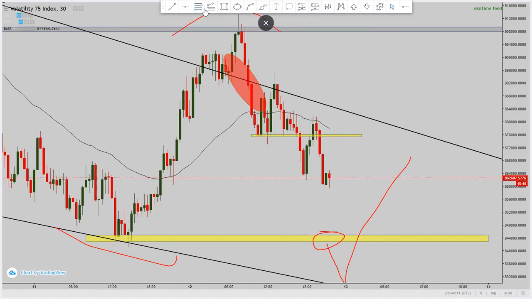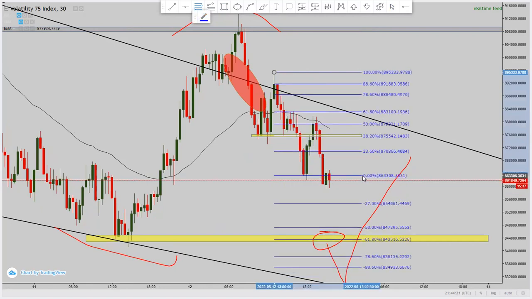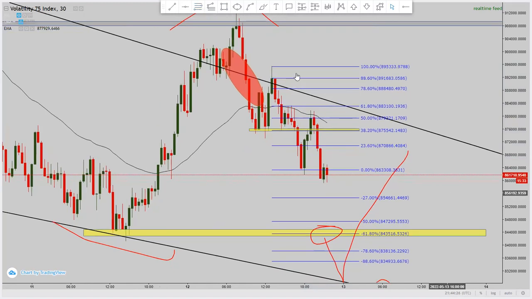So here on the 30-minute, one can even place a fib to see what price is doing. For example, that is my point A there, my point B here. Price came and respected the 50% level.